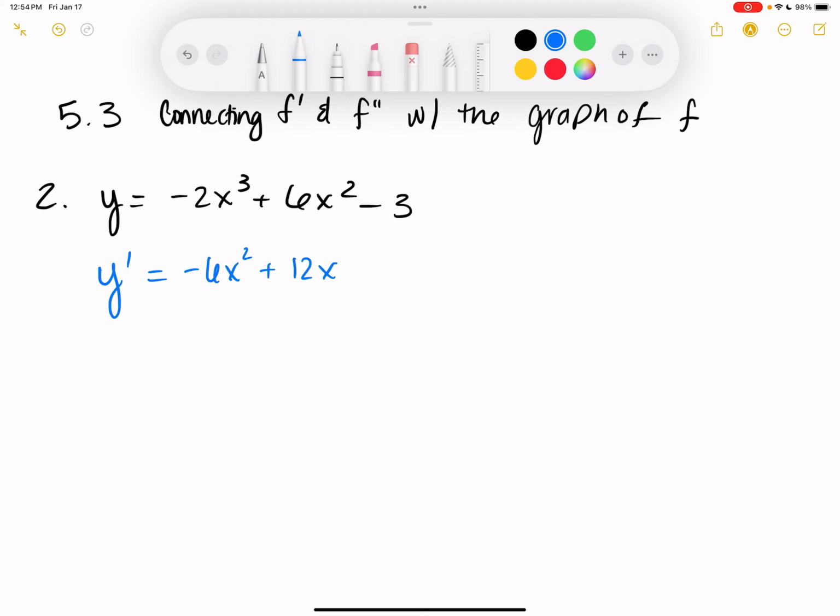So I would take out a negative 6x and be left with x minus 2. Honestly, though, I might not have thought about factoring the negative 6x. Maybe on another day I would have, but not today. All right, so when I set each piece equal to 0, I end up with x equals 0 or x equals 2.